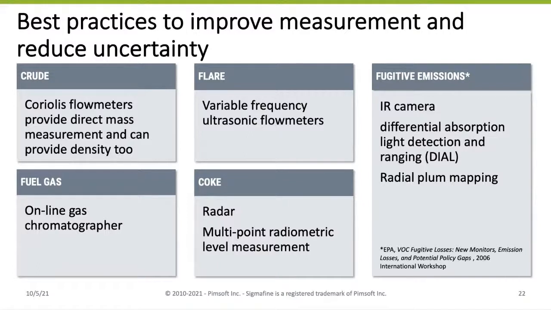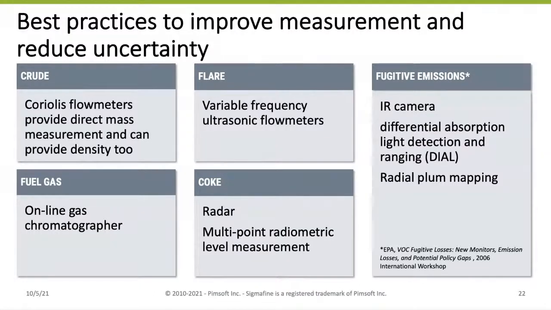Starting with the crude, using Coriolis flow meters for crude measurement means having a direct mass measurement instead of a volume-based measurement, with the additional possibility also of getting density information. And this has a really relevant impact on the quality of the measurement of the input feedstock.